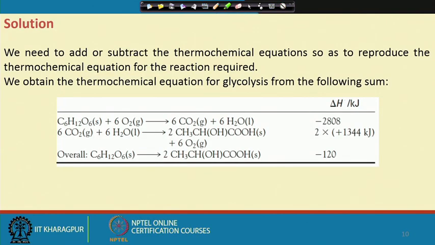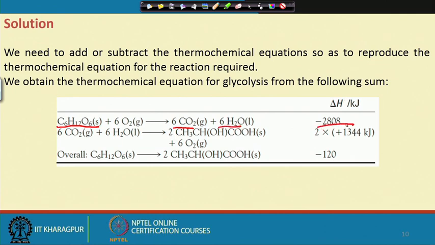Now, previously we have seen this is the equation that we have. We have seen that 1 mole of glucose produces 6 moles of carbon dioxide and 6 moles of water.